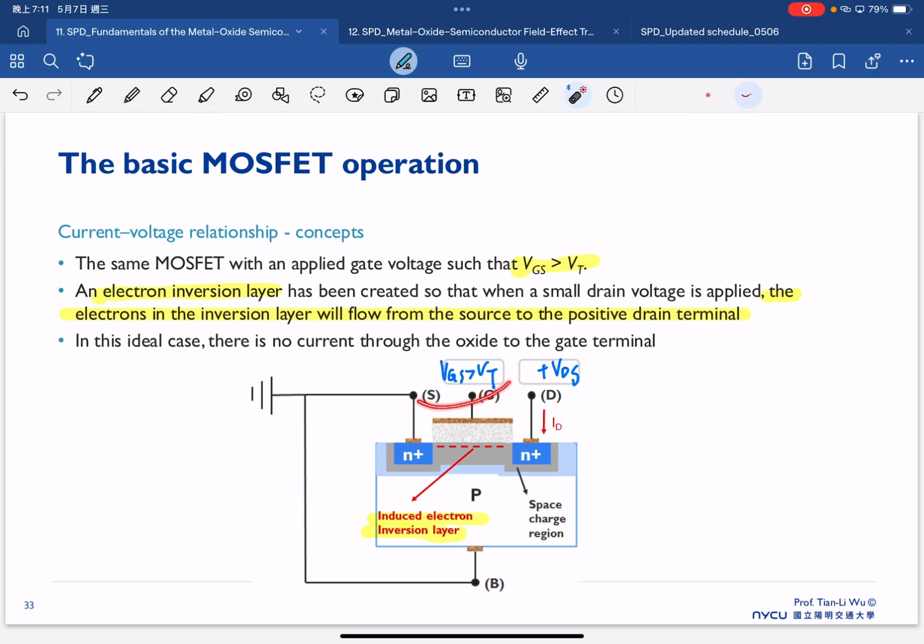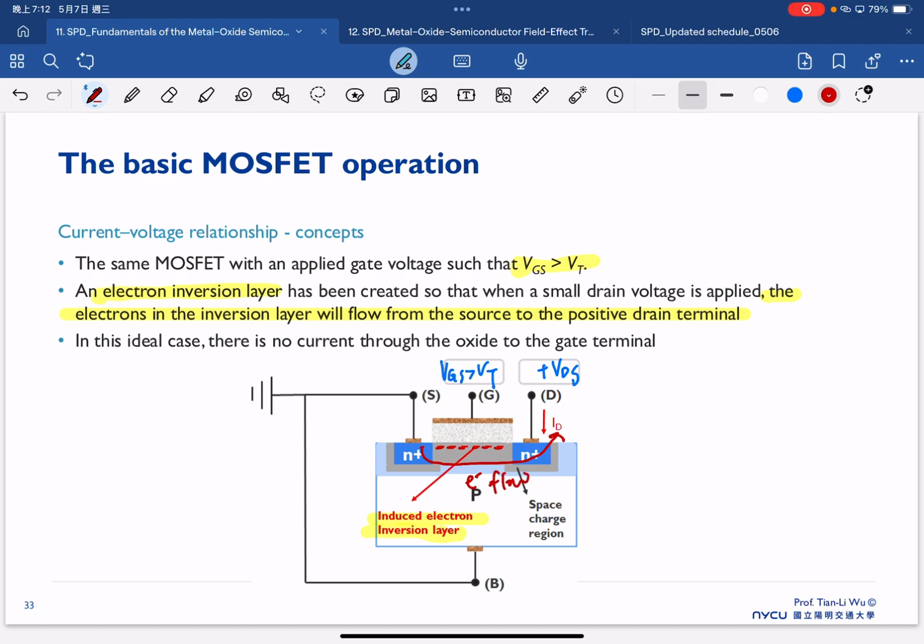We apply VGS larger than the threshold voltage, so we have inversion electrons in the channel, and because we apply this VDS, the electron flow goes from the source to the drain.